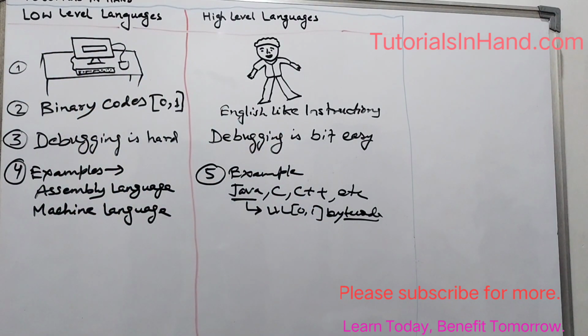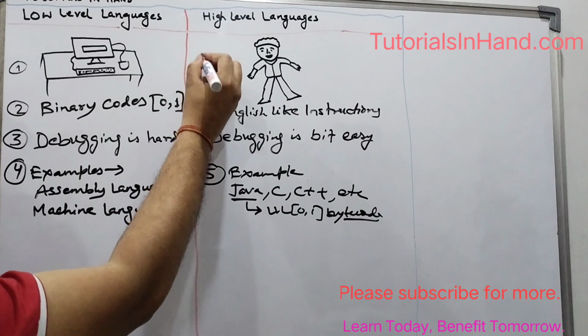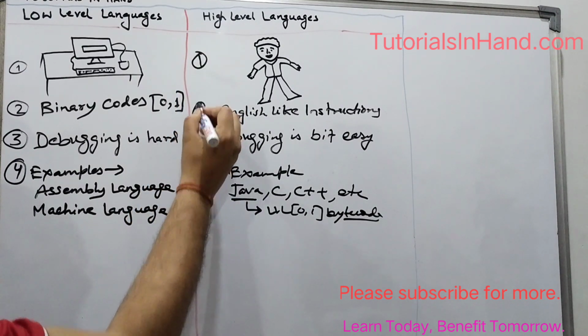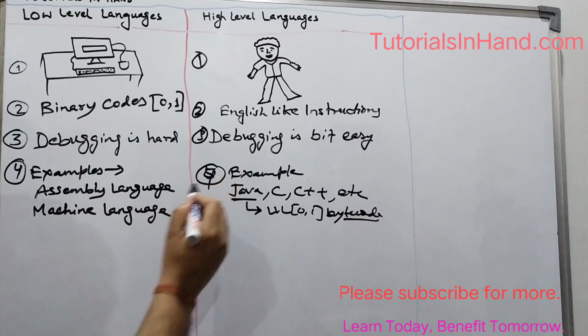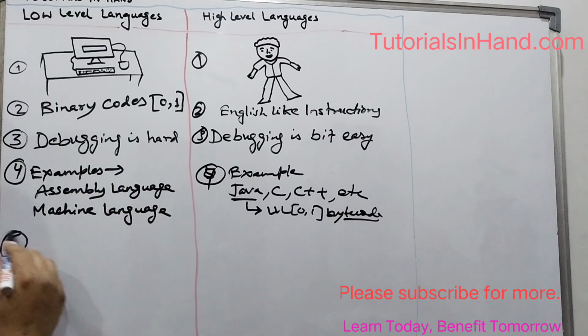So there is one more step where the high level language which a human writes needs to be converted to low level language. Okay, and let's mark it first, 1, 2, 3, and this one will be fourth, and let's have another one, fifth.